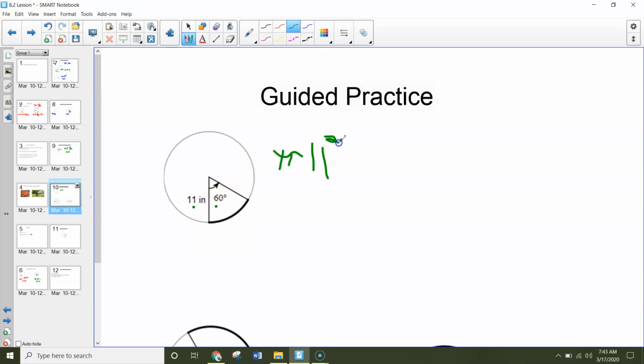So pi 11 squared times 60 over 360. Go ahead and do that in your calculators. And you should get 102.6.